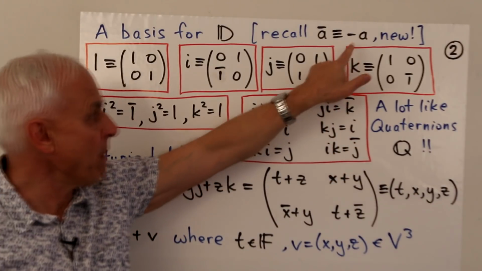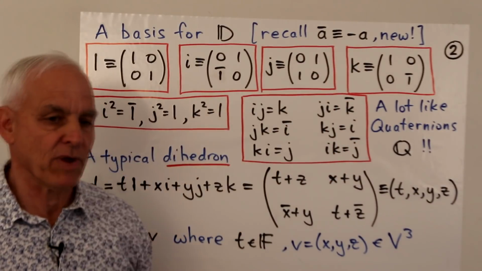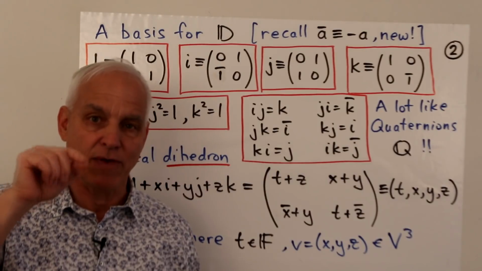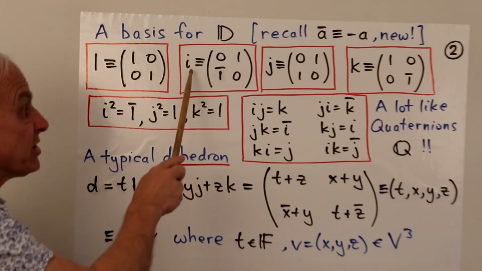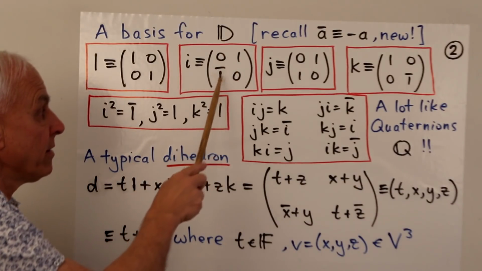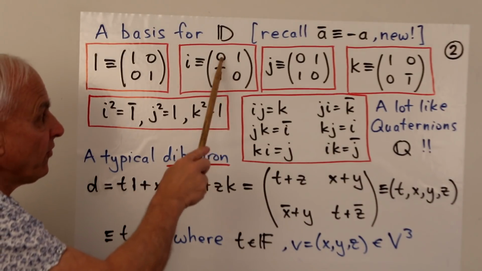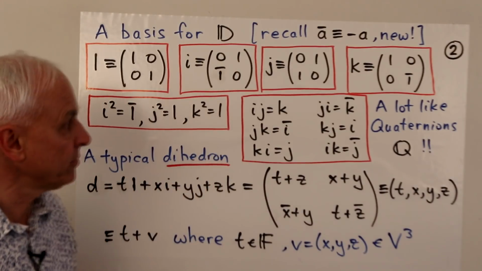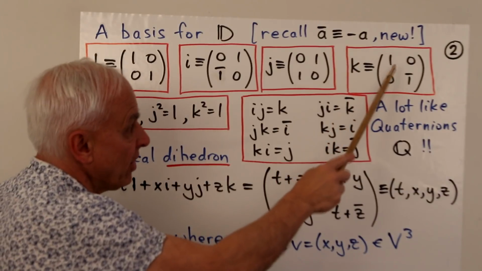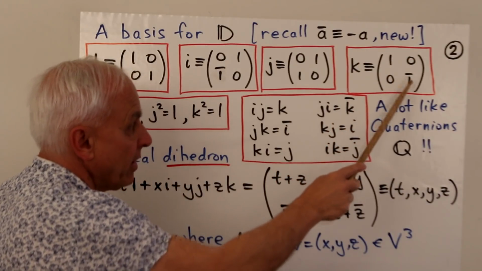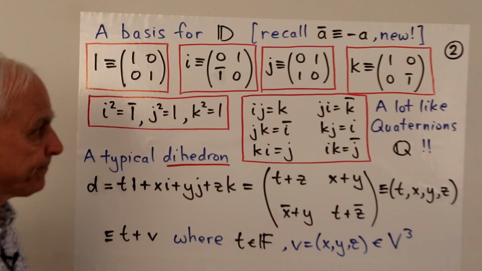So instead of writing minus A, we'll rather prefer to write A with an overline above it, so A bar, to represent negative A. So the matrix I is 0, 1, negative 1, 0, or 0, 1, 1 bar, 0. J is 0, 1, 1, 0, and K is 1, 0, 0, negative 1, or 1 bar.